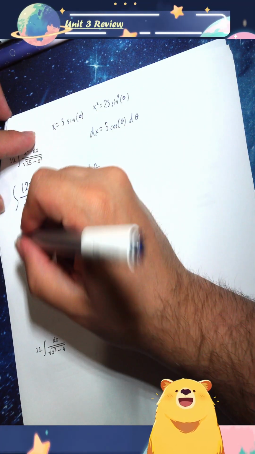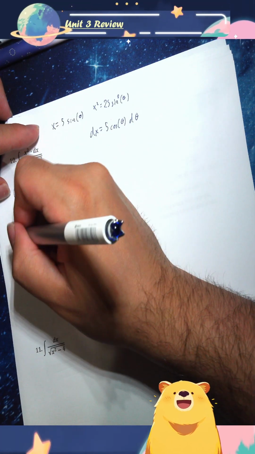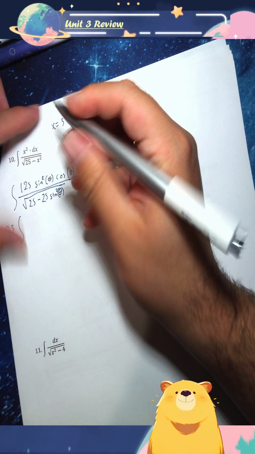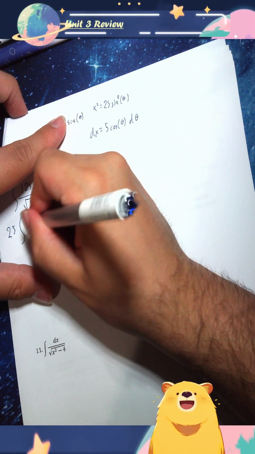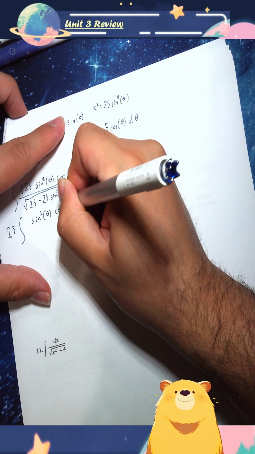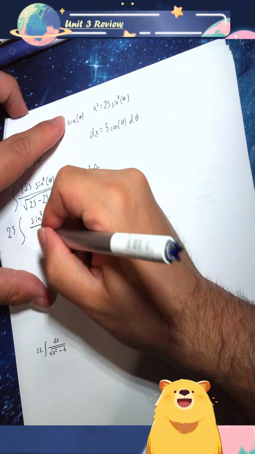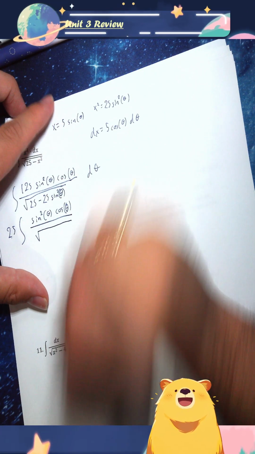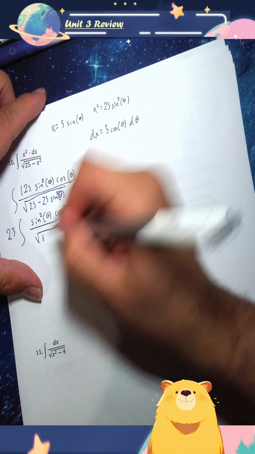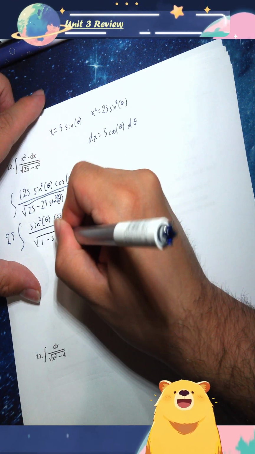I'm going to let that 25 factor out to be square root of 25, which is 5, which will make the top of this 25 sine squared of theta cosine theta divided by square root of 1 minus sine squared of theta.